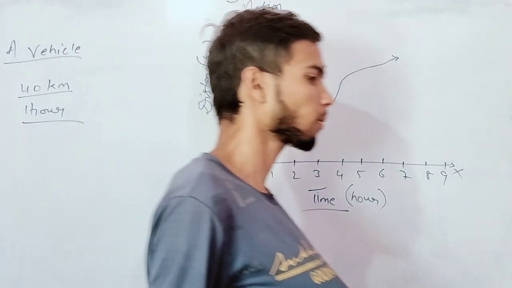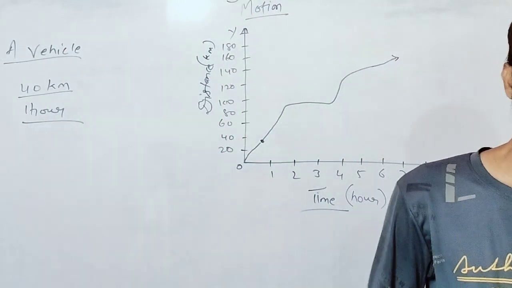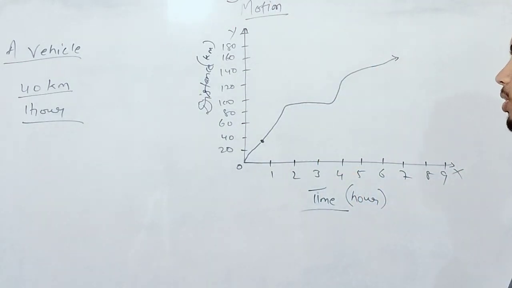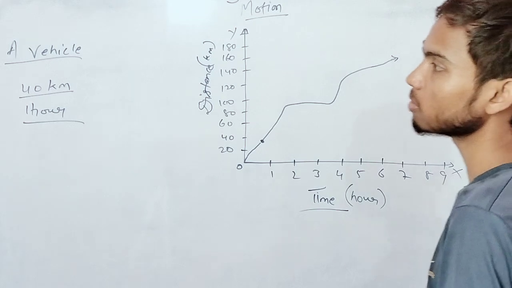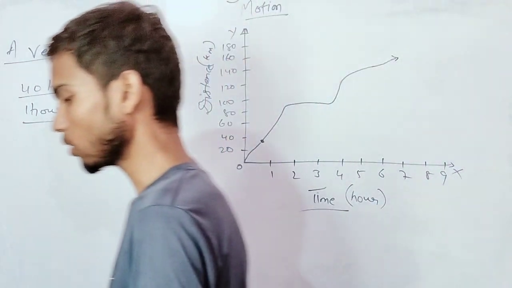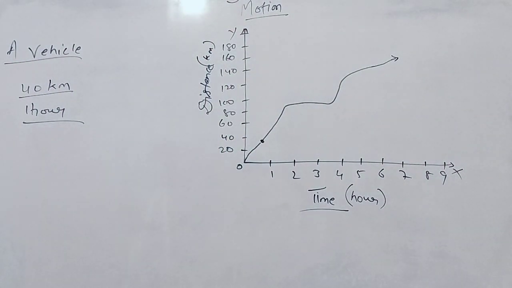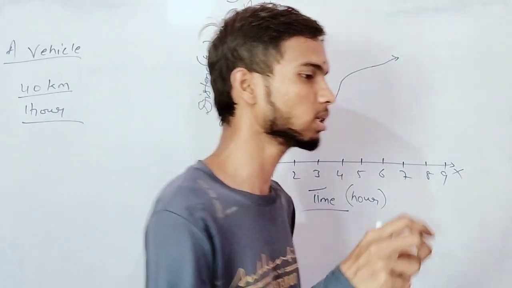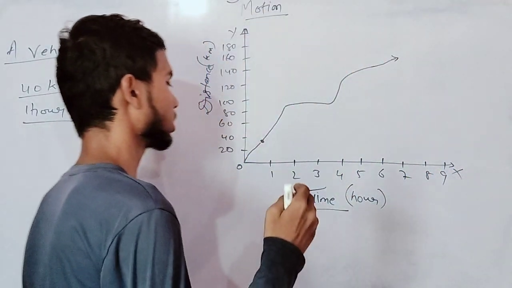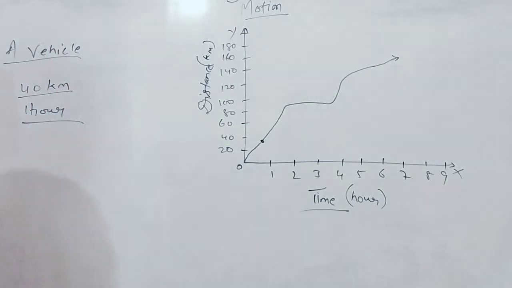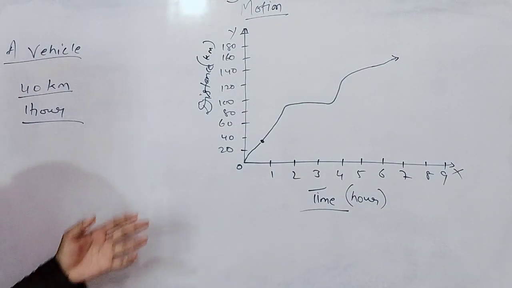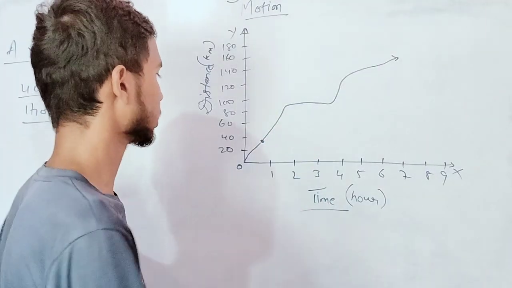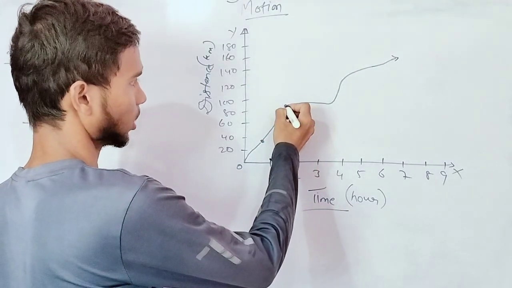Finally, we can say a vehicle covered 40 kilometers within 1 hour. That is how we find that a vehicle covered this much distance within this time. That is all. One more. It starts moving again from here till here.